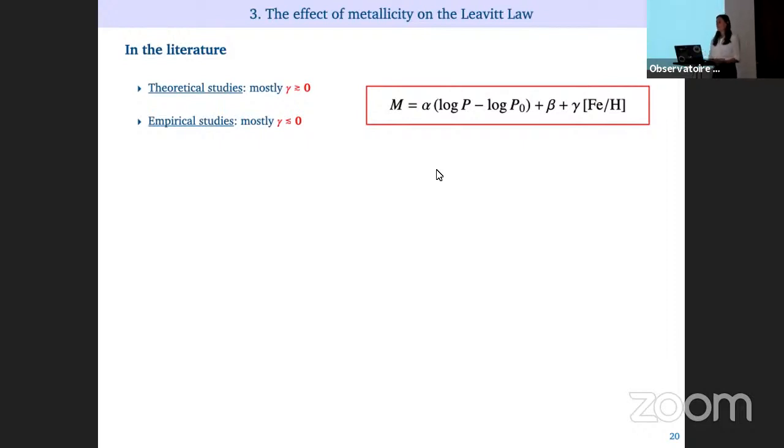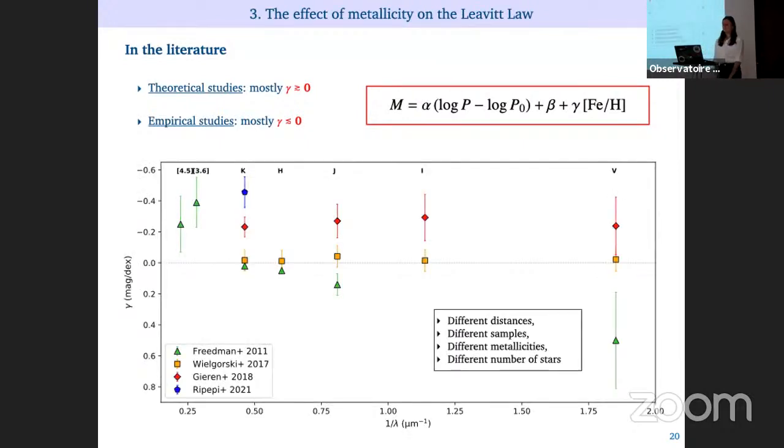However, empirically, many studies reported a negative gamma sign, meaning that metal-rich Cepheids are brighter. On this plot, I represented a few estimates from the literature on the metallicity effect empirically. First, in green, it's the work by Friedman et al.